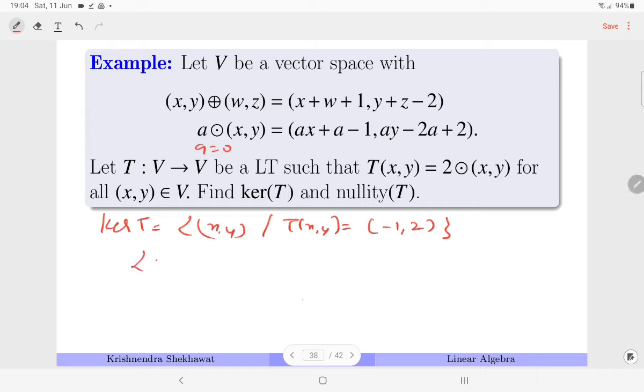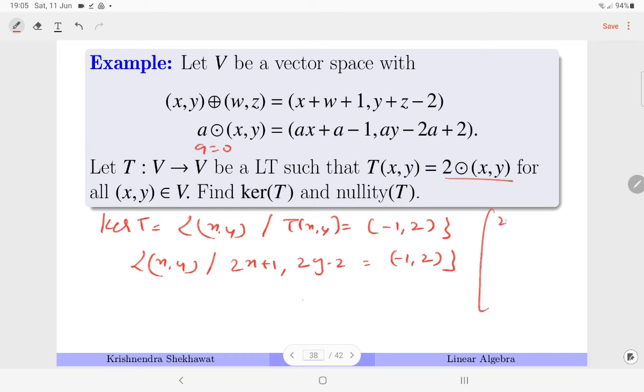So now all those (x, y) for which T of (x, y), which is 2 dot (x, y), meaning 2x plus 1 and 2y minus 4 plus 2, which is 2y minus 2, should be equal to (-1, 2).